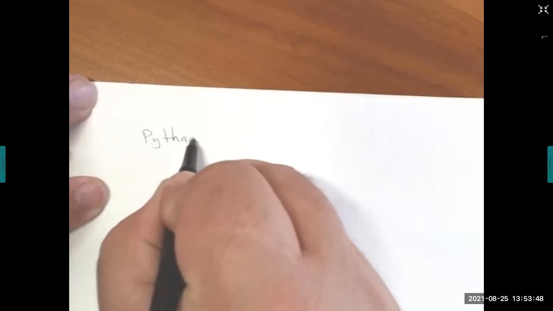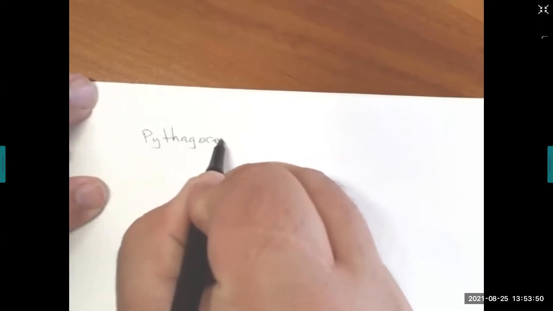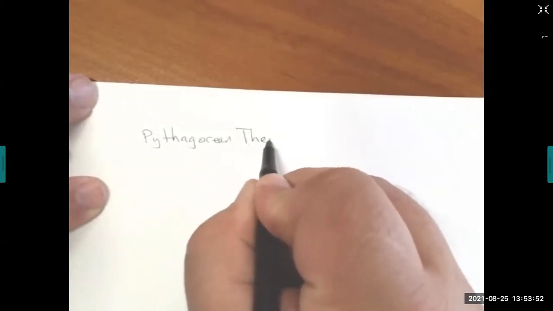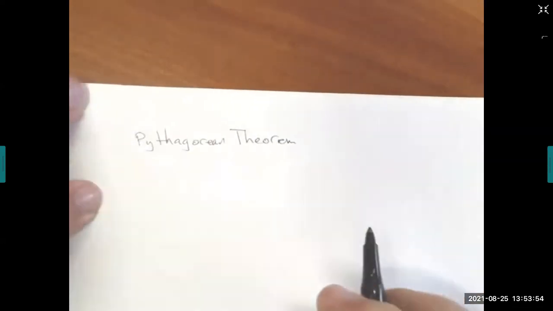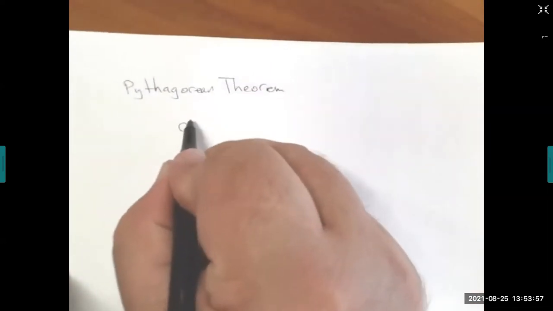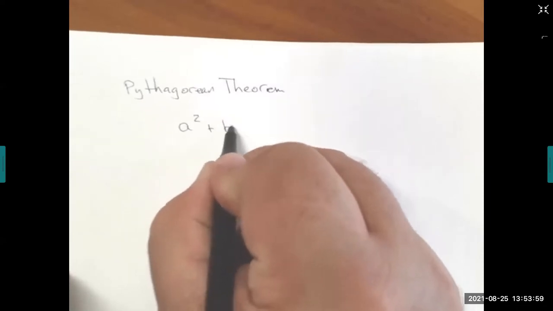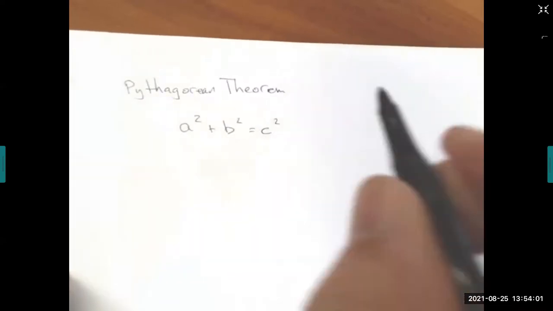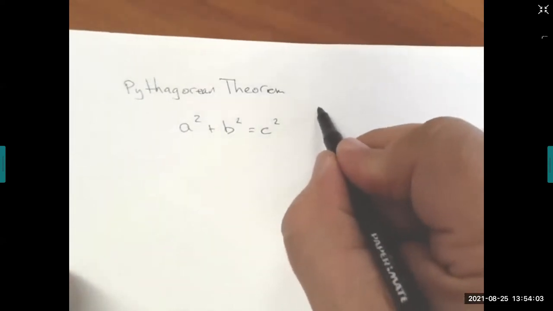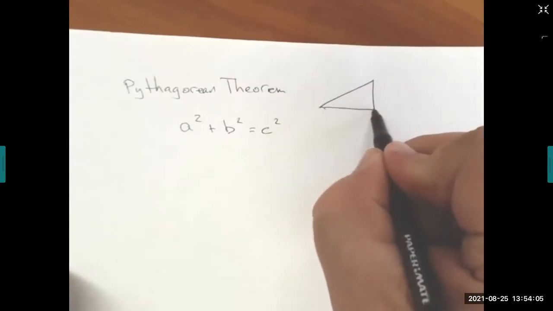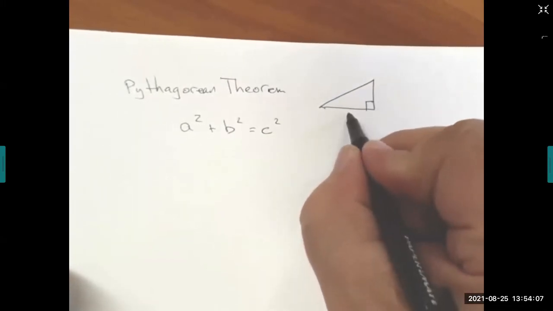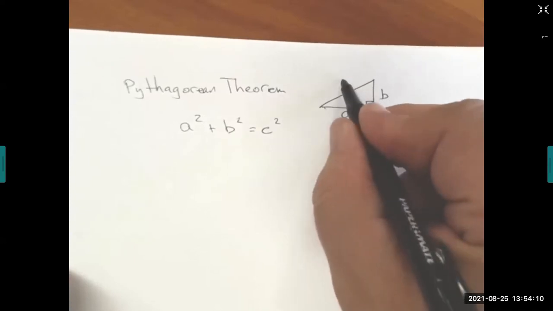The Pythagorean theorem says a squared plus b squared equals c squared. A is here, B is here, and C is here.